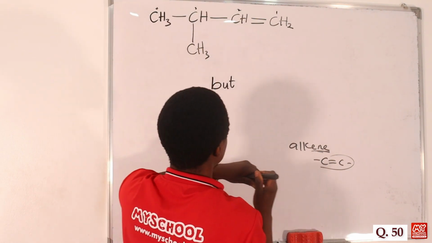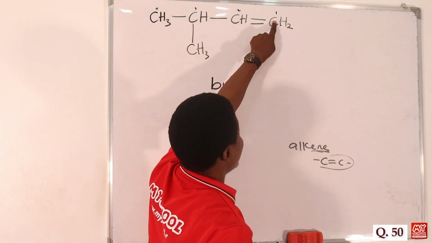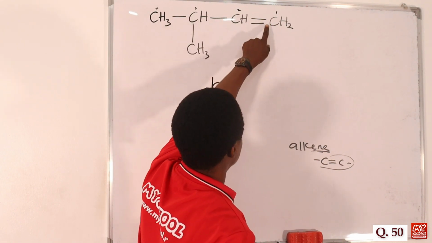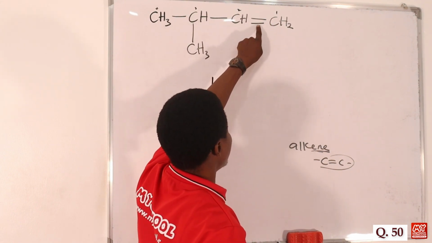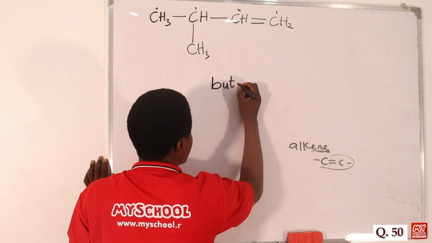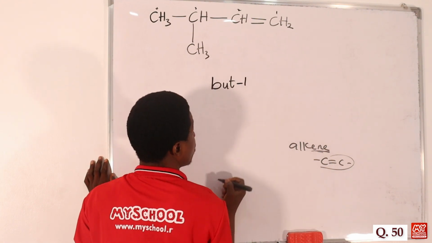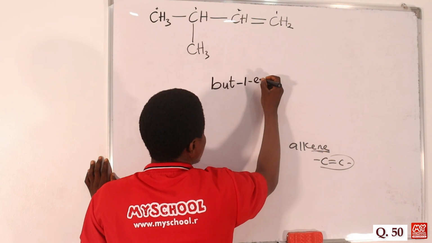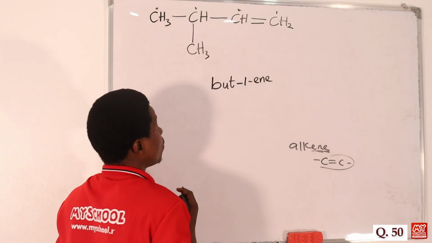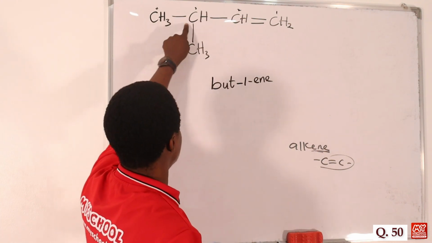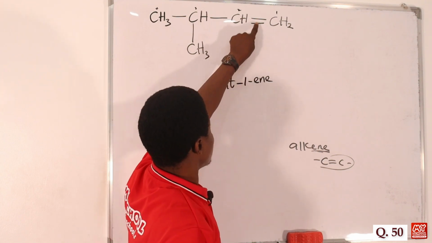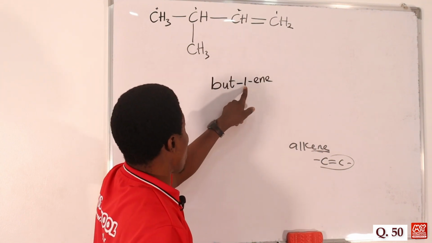This happens to be a shorter route compared to this. So we have the double bond on carbon 1, so it's going to be -1-ene, because we have a double bond here, which is ENE. That's the parent name: but-1-ene, with 4 carbons and the double bond on carbon 1.